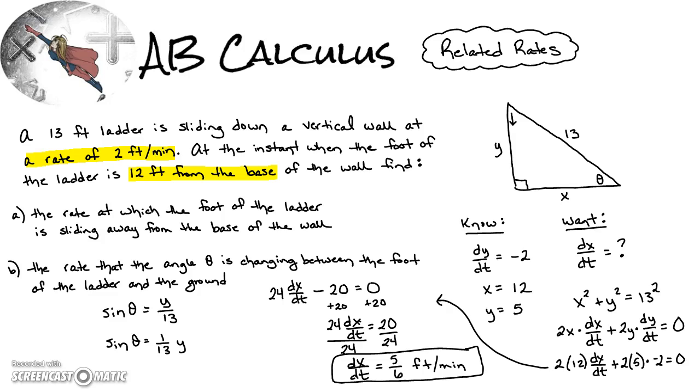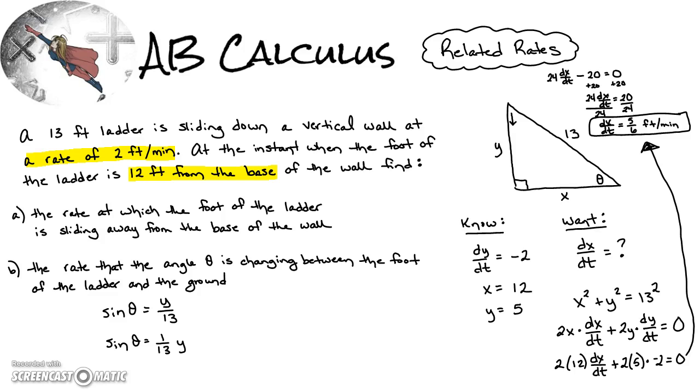I'm going to move some of this other work. Okay, I just moved some of our previous work out of the way. So now the next step here is to take the derivative with respect to time. So sine theta, the derivative is cosine theta. But then since we're doing it with respect to time, it's times d theta/dt. Just think of that step the same way as you did implicit problems.